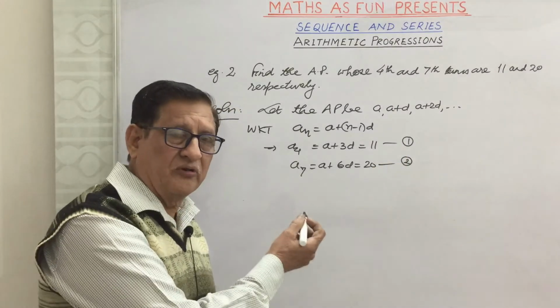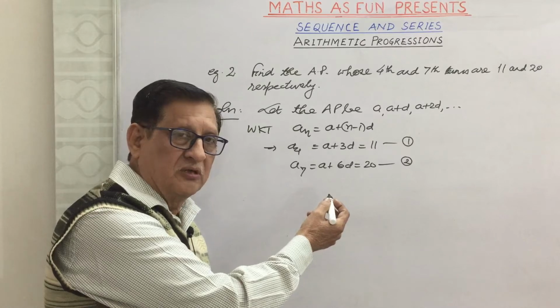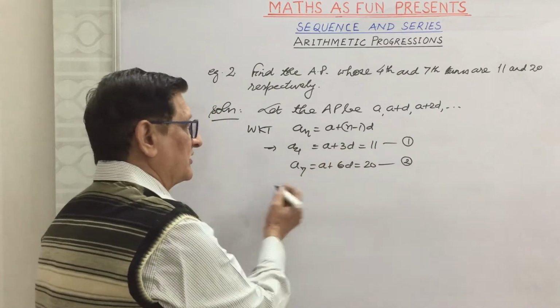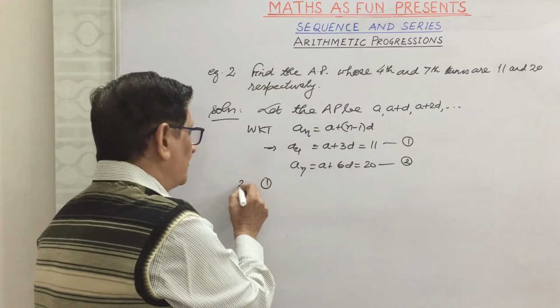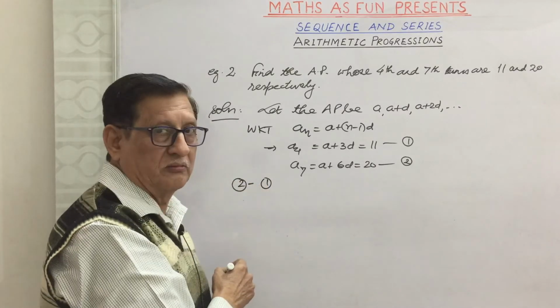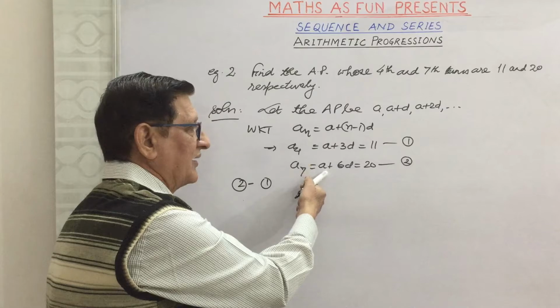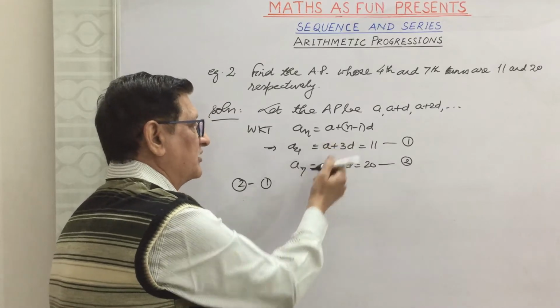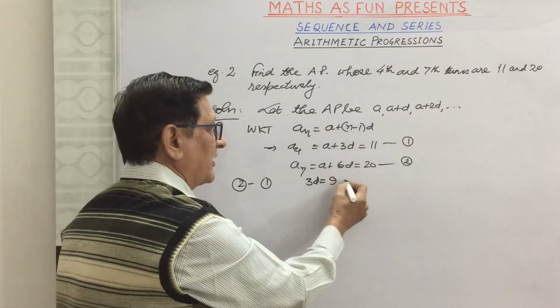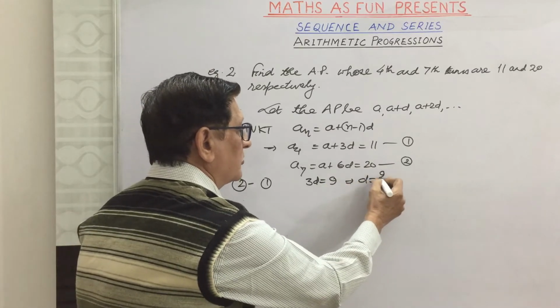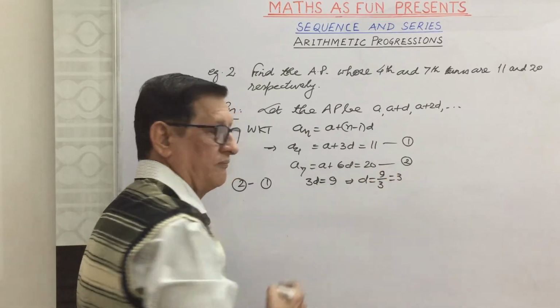This is a pair of linear equations in two variables, and to find the solution we can subtract the first from the second. So we write 2 minus 1, and if we subtract, A and A will cancel. This will give you 6D minus 3D, that is 3D, equal to 20 minus 11, which is 9. It means D is equal to 9 upon 3, that is 3.